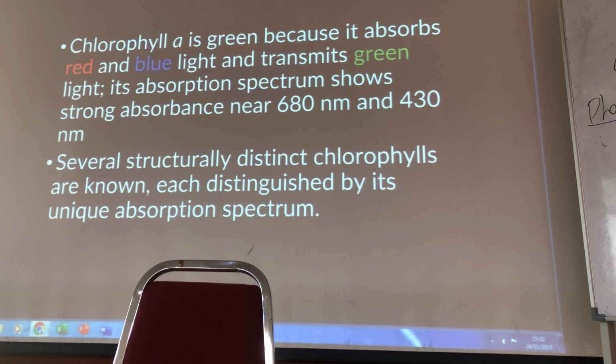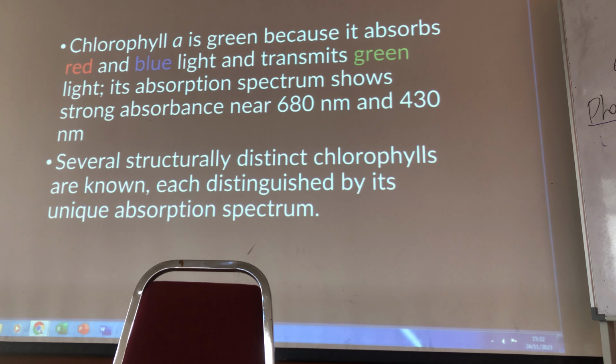Alright, so let's go to the details. Chlorophyll a is green because of what it absorbs and reflects. I don't remember exactly, but it appears as green because it absorbs red and blue.